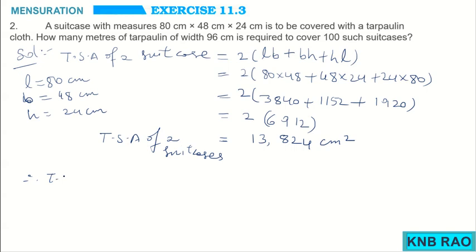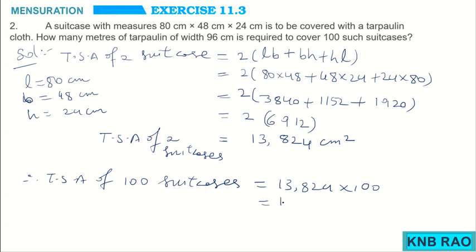Therefore, TSA of 100 suitcases is 13,824 into 100, which gives 13,82,400 centimeter square, being the total surface area of 100 such suitcases.